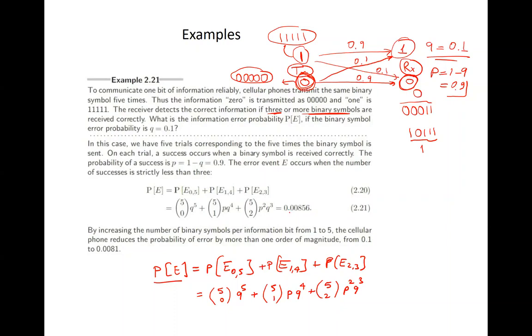So it is 0.00856. So the error that we may make when we use 5 bits instead of a single bit to transmit symbol 1, the error normally was 0.1, right? This was the error. Now this error is reduced to this one. So it's quite a safe method to transmit binary symbols.